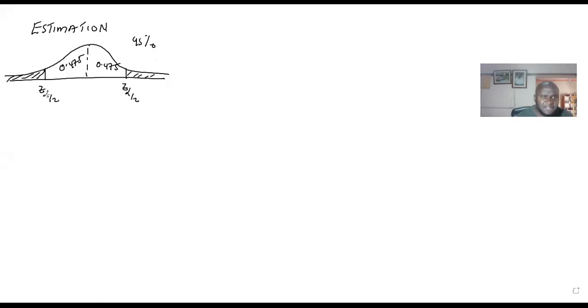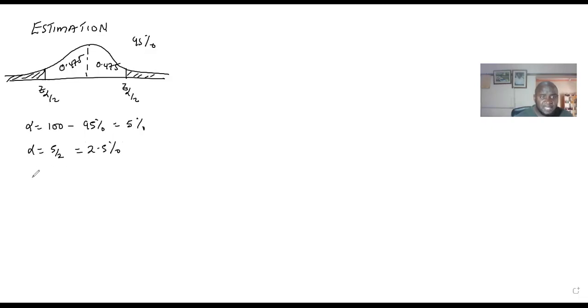In this case, I've shown you how the Z alpha can be attained. Alpha comes from 100 minus the percentage you have, which gives you 5%. Then alpha over 2 would be 5 over 2, which is 2.5%.